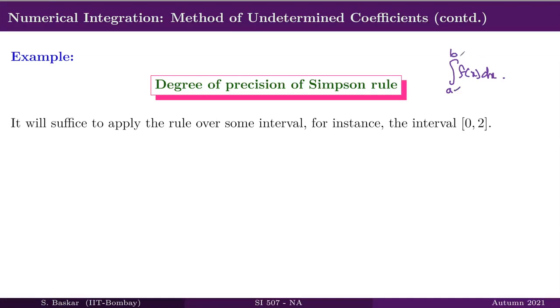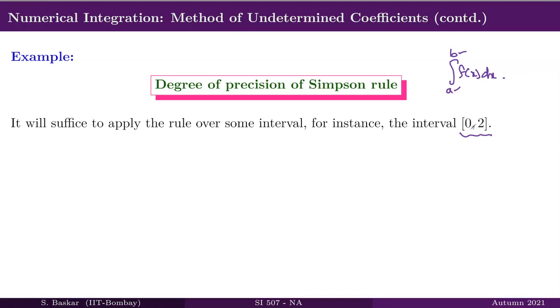Now this a and b can be anything. In particular, if you choose this a and b to be some particular numbers, the degree of precision will not change. Therefore, you fix this interval a to b as something which is very convenient to you. Okay, if you recall, Simpson's method needs 3 points: a, (a+b)/2, and b, right?